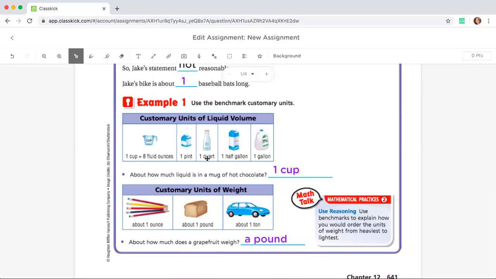And Dalton said that there are more cups in gallons than quarts in gallons. That makes sense because cups are smaller and you're going to have more of them that fill up that same amount than something that holds more. The quart has more. It's a larger amount of liquid.